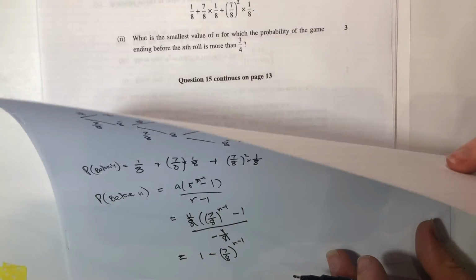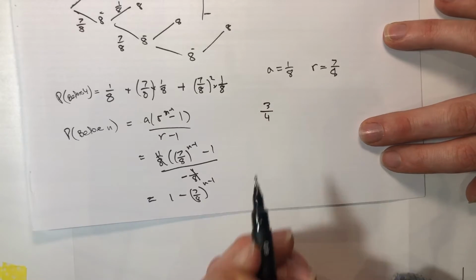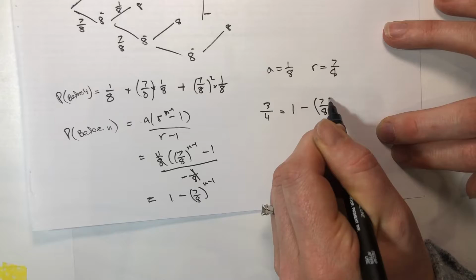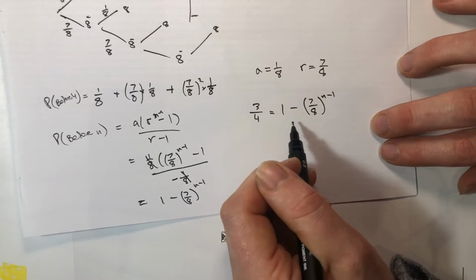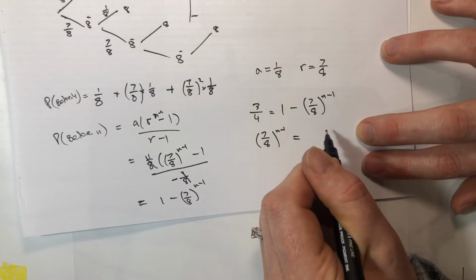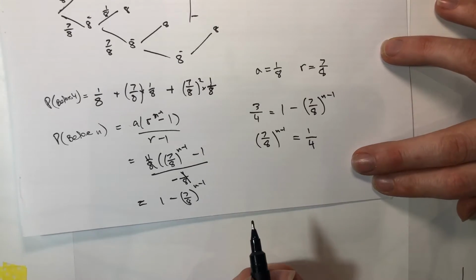Now we wanted it to be more than 3 on 4, so we're basically going to solve this for n. I'm going to add this to that side, subtract that from that side, and say 7 on 8 to the n minus 1 has to equal 1 quarter, because that's 1 minus 3 quarters.